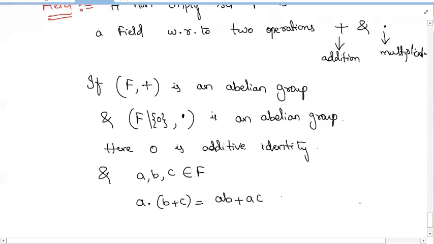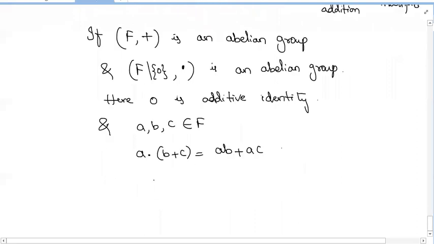And it's commutative, so this also implies (b plus c) dot a equals b dot a plus c dot a. So the first one is enough; automatically the second one follows.